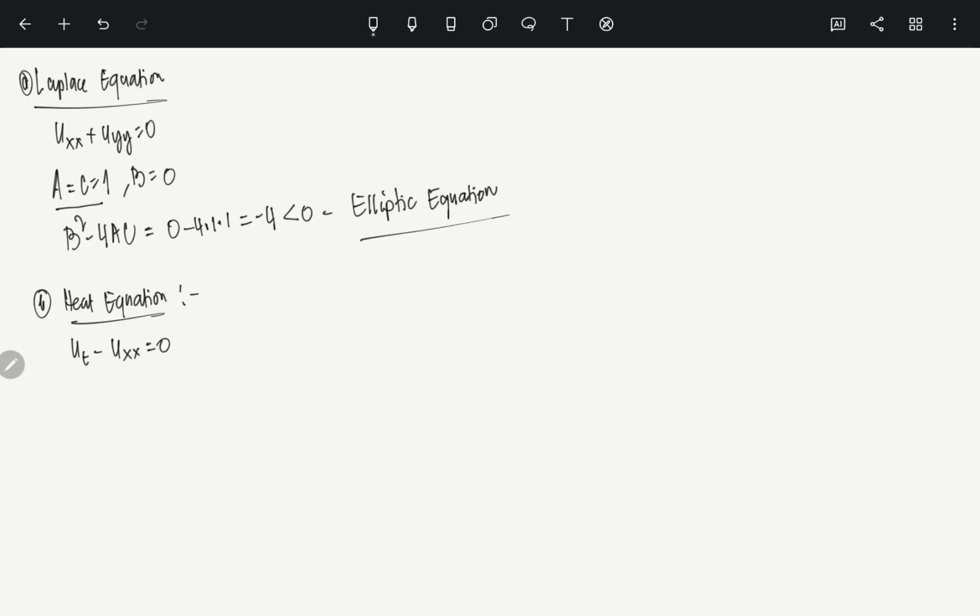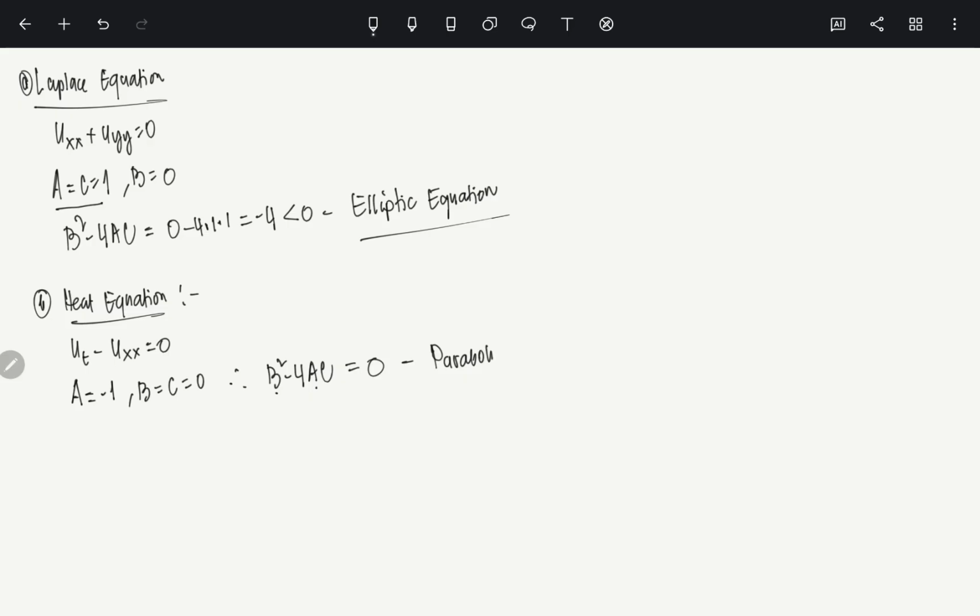Whatever I am doing, the classification is for 2 variables. So here a equals minus 1, b and c are 0, and ut is the lower order term. We don't care about lower order terms. Therefore b square minus 4ac is 0. So that is a parabolic equation.